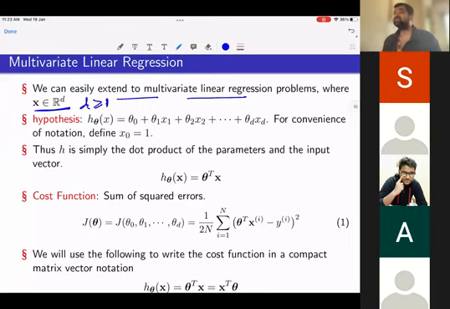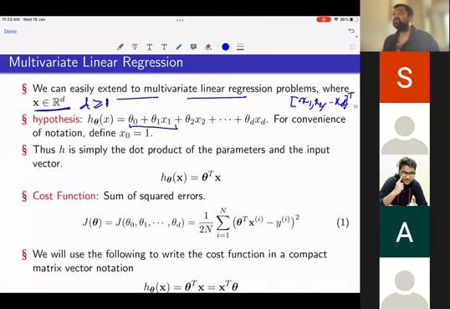Previously it was only theta 0 plus theta 1 x, because that time x was just a scalar. But now x is a vector which has d components x1, x2 to xd.